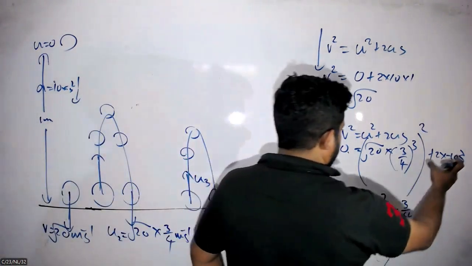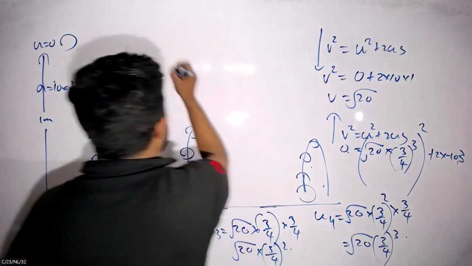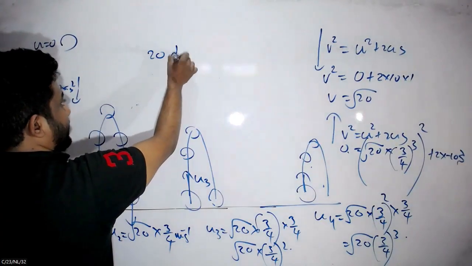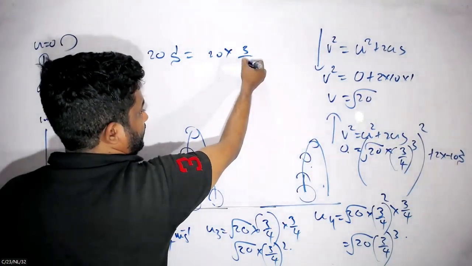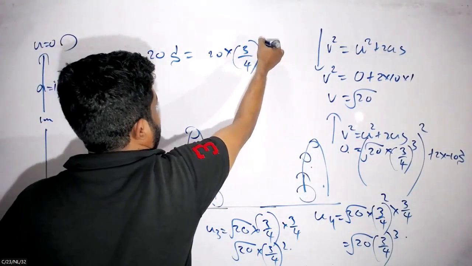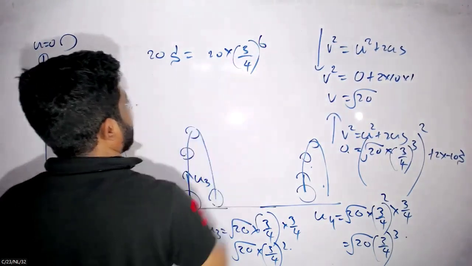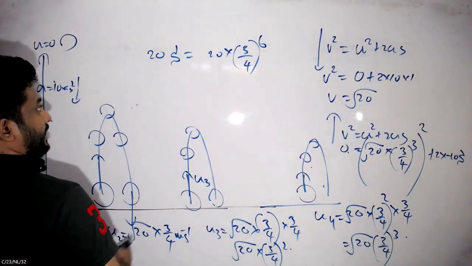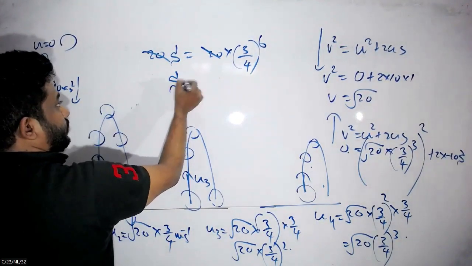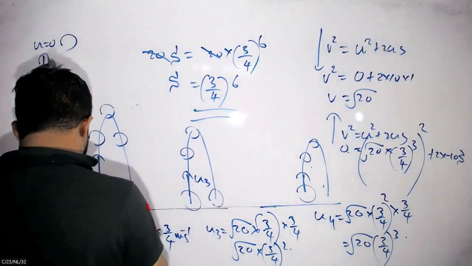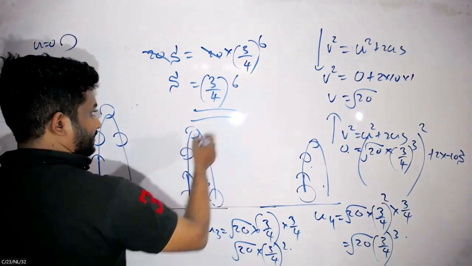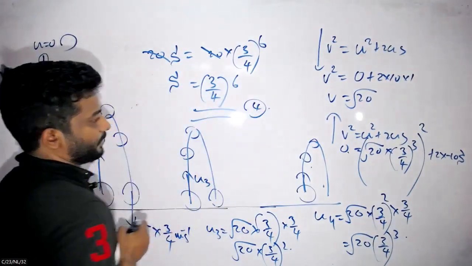Then you can bring this term from here to here. 20s is equal to 20 into 3/4 to the power 3 into 2, which is 6. Then the answer is s equals 3/4 to the power 6. The fourth one is the answer.